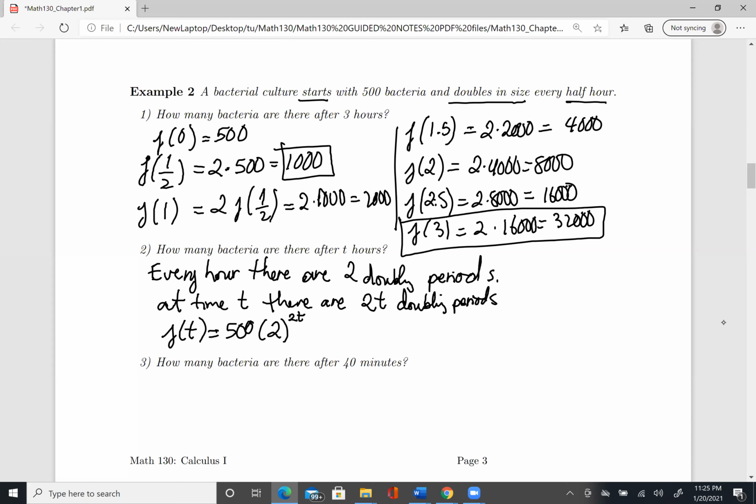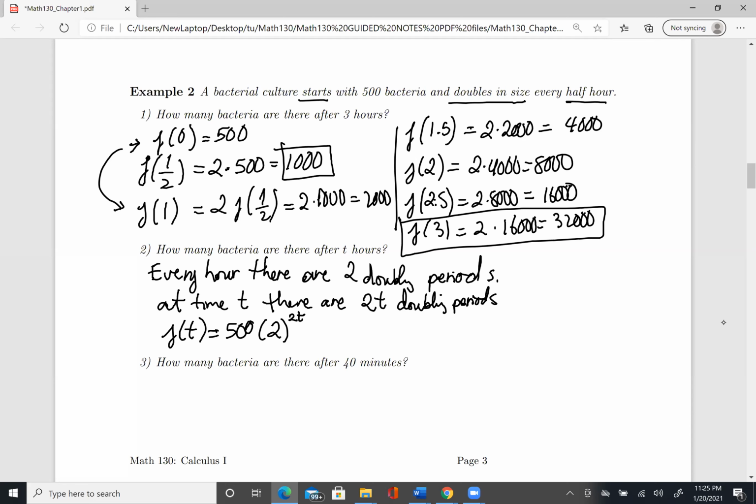As you see, every hour, let's say here's the initial one, and then 1 hour after that, you have 2000 because you actually multiply 2 times 500.